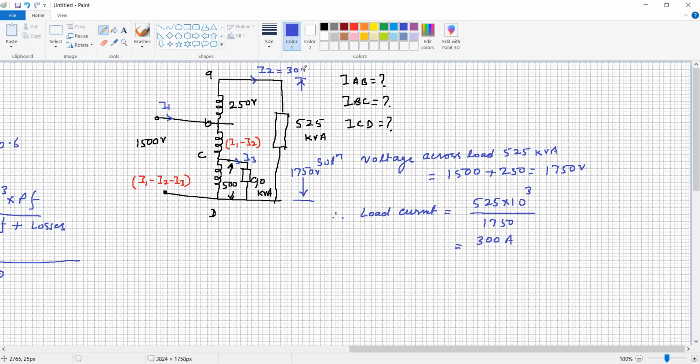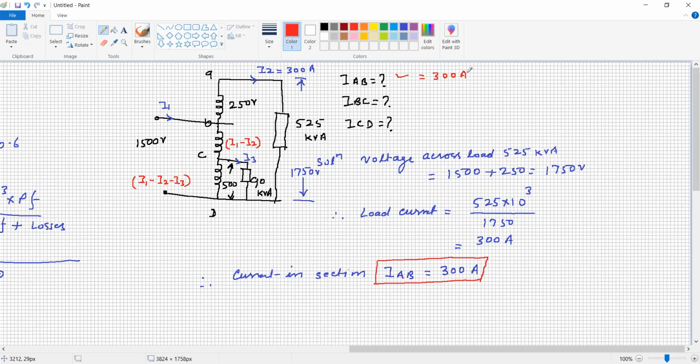So this is 300 ampere, which is in section A to B. Therefore, current in section IAB is equal to 300 ampere. So one data is over.